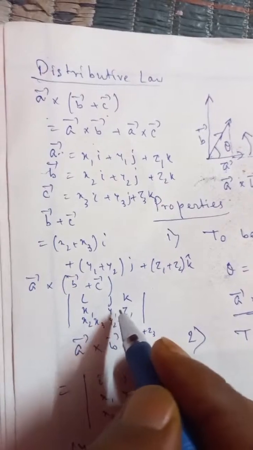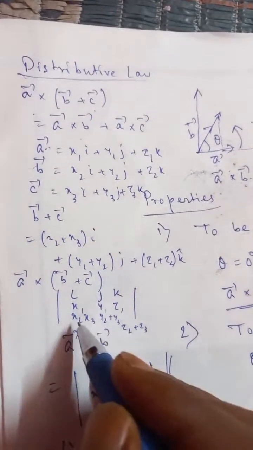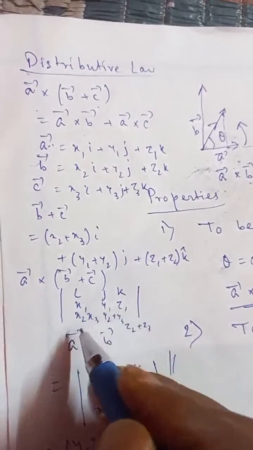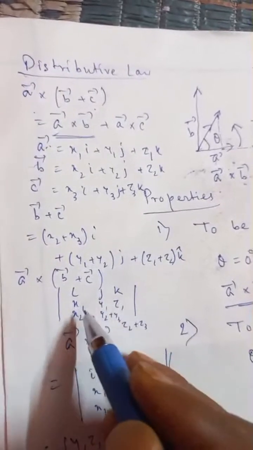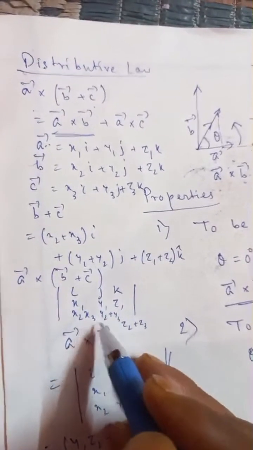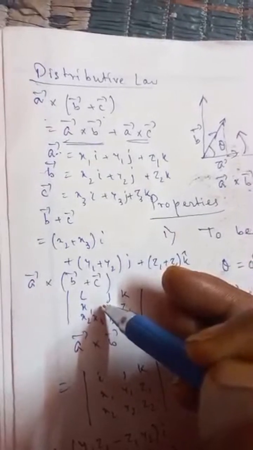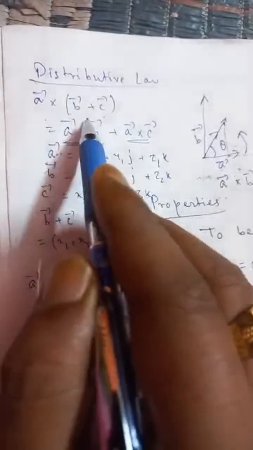By the properties of determinants, if we break it down, we get the determinant i j k, x1 y1 z1, x2 y2 z2, which is equal to A vector cross B vector, plus the determinant i j k, x1 y1 z1, x3 y3 z3, which will be A cross C. We can see that the left distributive law holds for the vector product. In this way, we can prove that the right distributive law also holds for the vector product.